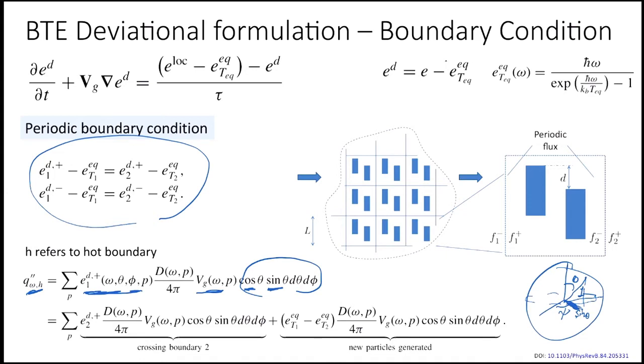Then sine theta, small change in d phi, let's call it phi. So this is a small volume, and we could do the same for small d theta change. And then Vg, so we would get this sine theta, d phi term.